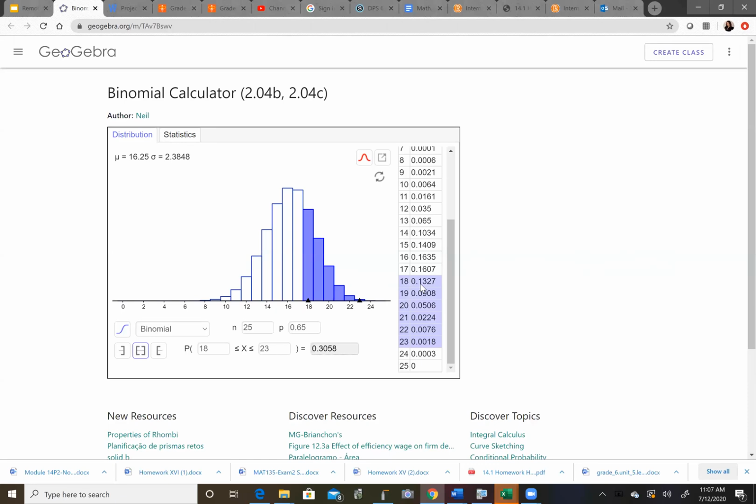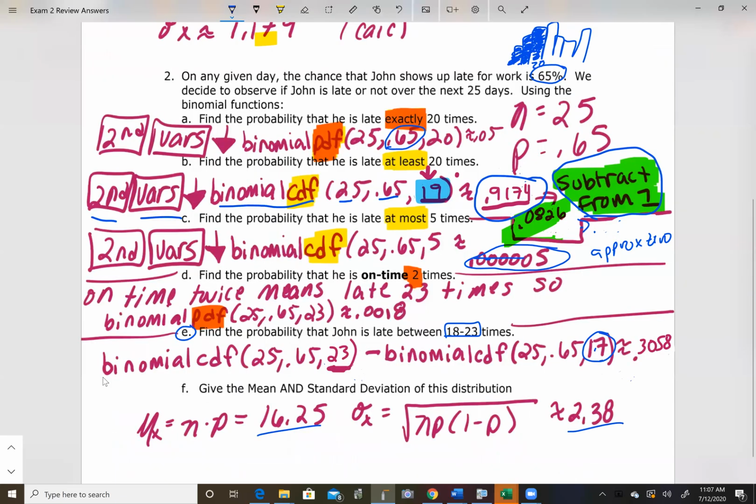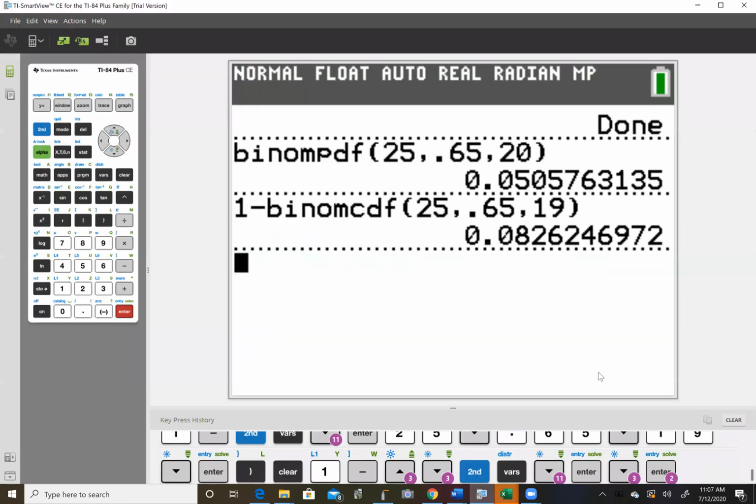So in your TI that you'll have to use, the way you type that in is the binomial CDF of 25, 0.65, comma 23, minus the binomial CDF of 25, 0.65, 17, okay? So if you're putting it into your calculator, you do all the way up to 23 first.